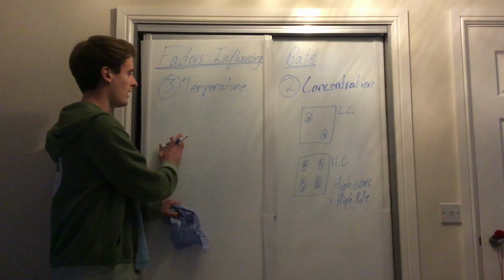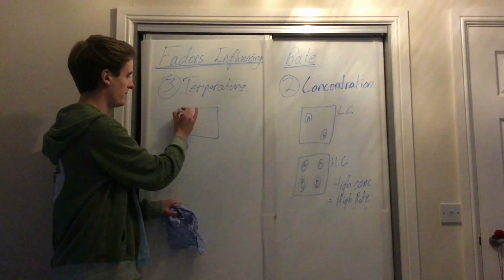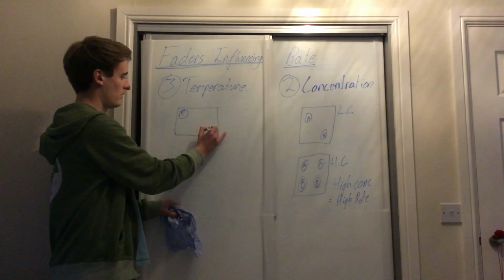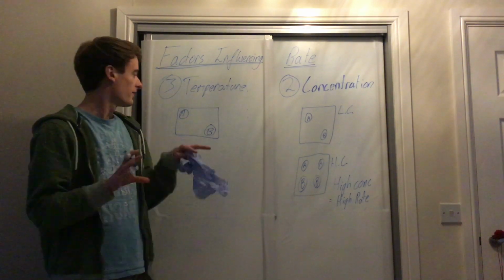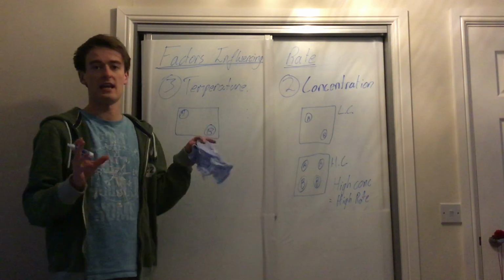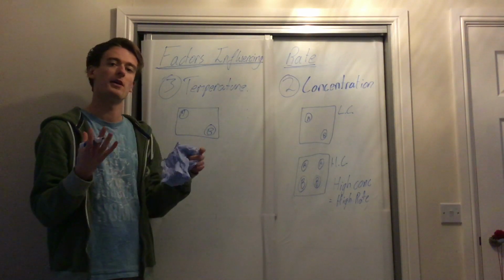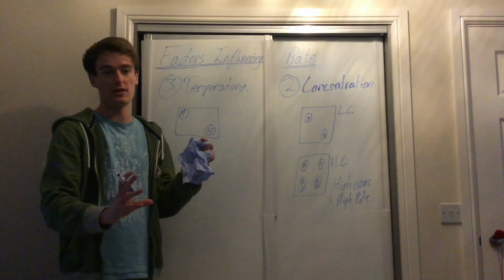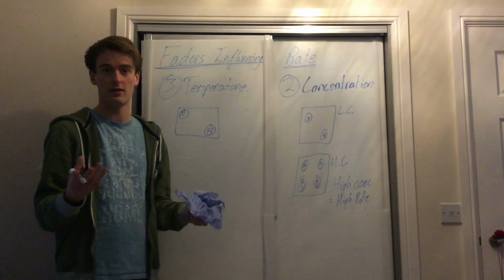Now, if I imagine again this box with A and B, if these particles are moving slowly, then they're not as likely to hit. Think about it running around in a room. If you're just walking around a room with another person, you're not as likely to run into them. If two people are moving very quickly, there's a chance you're going to collide.